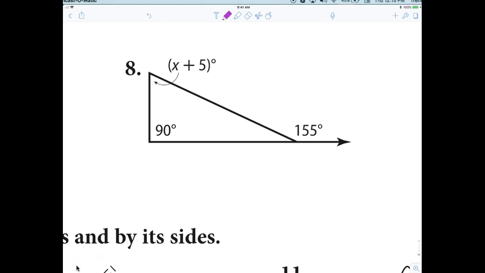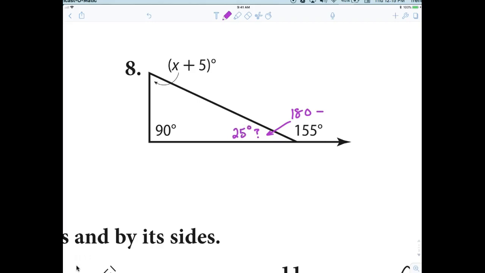Who can tell me how to find this angle right here? I need that piece of the puzzle. You do 180 minus 155. That is correct. So 180 minus 155 is that missing angle, and it worked out to be 25 degrees.